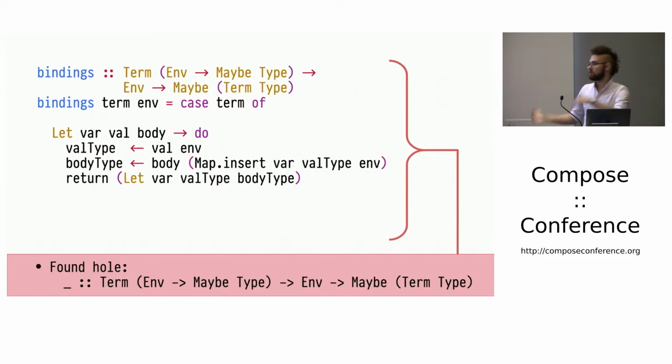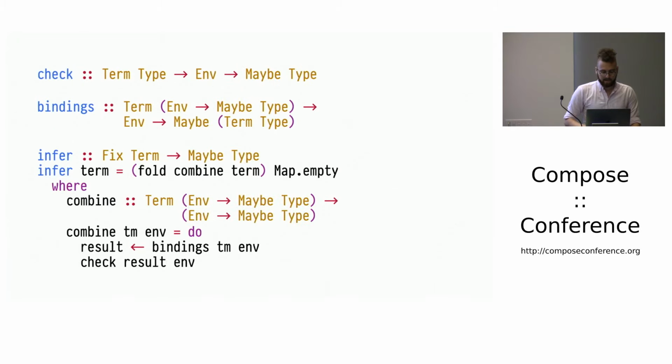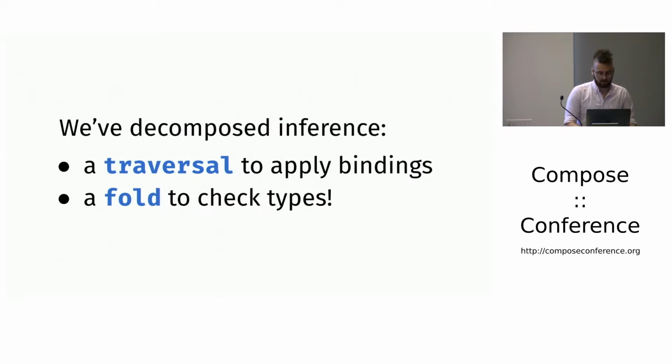So when we pass it to check, check is going to be able to figure out, oh, well, we just returned that body type. And we've done the binding that we need to do in that body type in sequencing like this. And otherwise, there are no other binding structures, which means that we can just traverse the term and say, well, whatever you are, you just need the environment that I got, so here you go. And if we thread it together like this, notice I'm using bindings here rather than sequence.